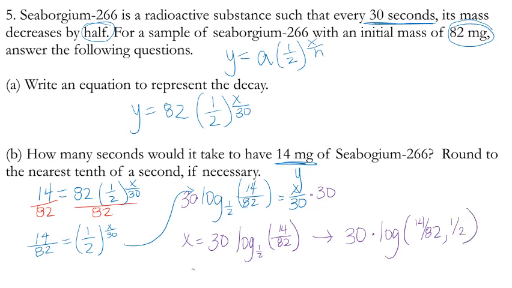And when you do that, your x value should be equal to 76.5 seconds. That's rounded. So that's kind of how we do a half-life question with these.